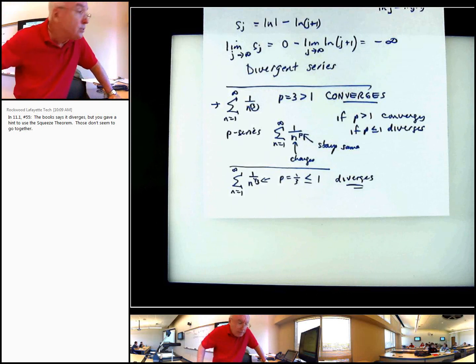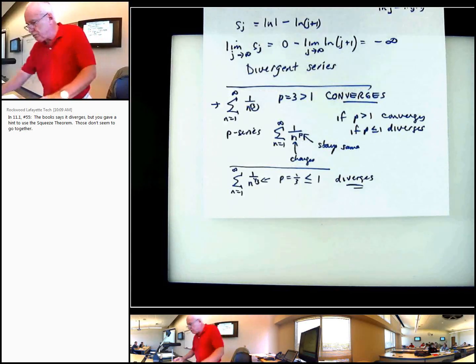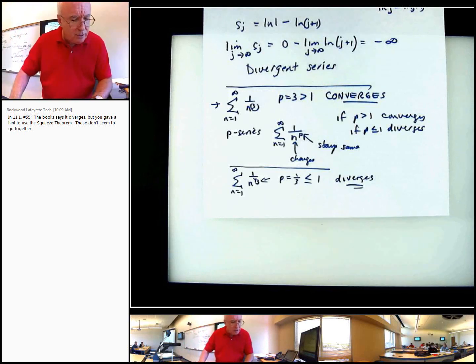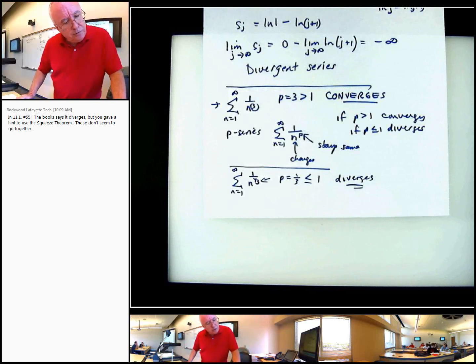On that one, I had said to use the squeeze theorem. Let's see here, now I'm going to find out why I said that. It's certainly going to diverge.